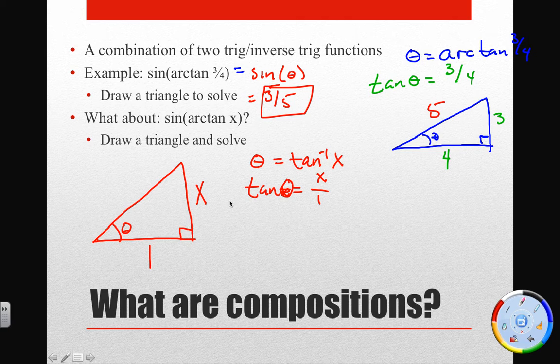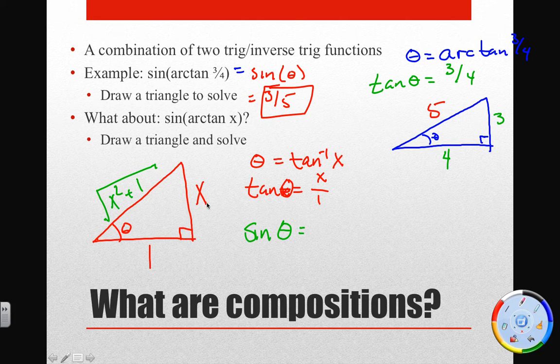Now, this is just a number, and this is the hypotenuse. We can find the hypotenuse of a right triangle by taking the square root of the sum of the squares of the other two sides. Pythagorean theorem, really. We get the square root of x squared plus 1 squared, which is 1. So then we're finding the sine of theta.